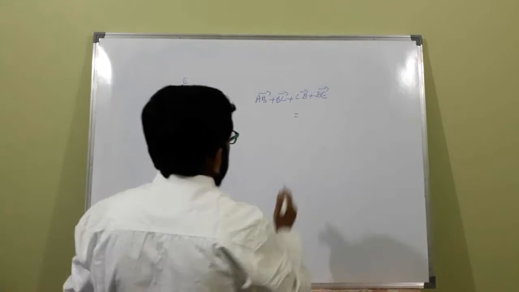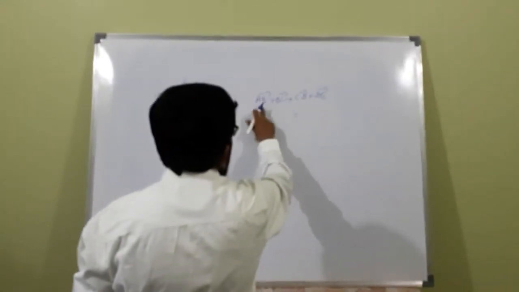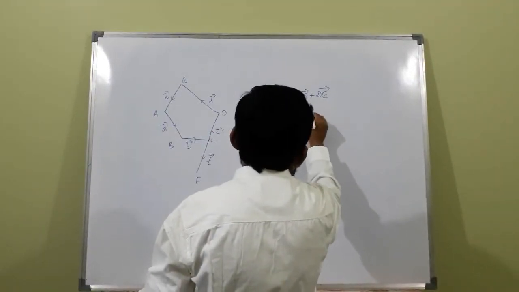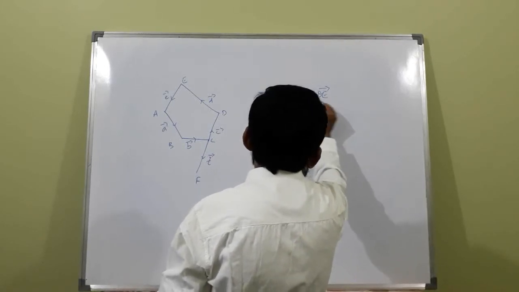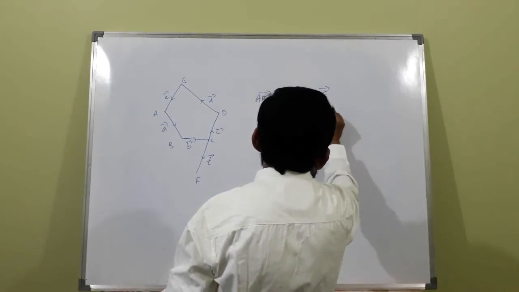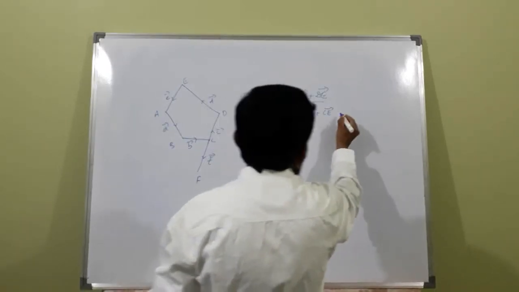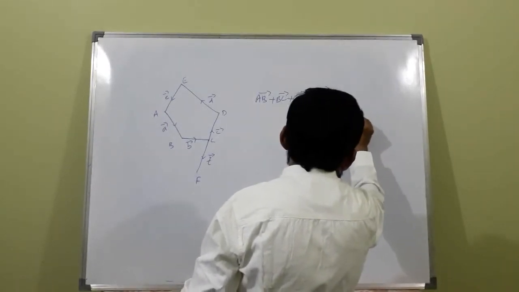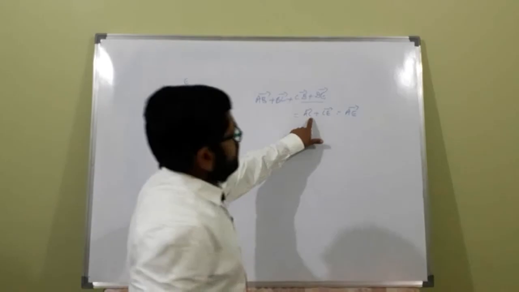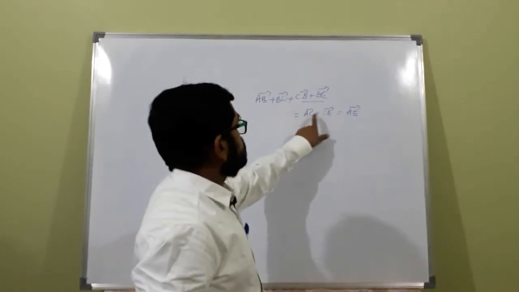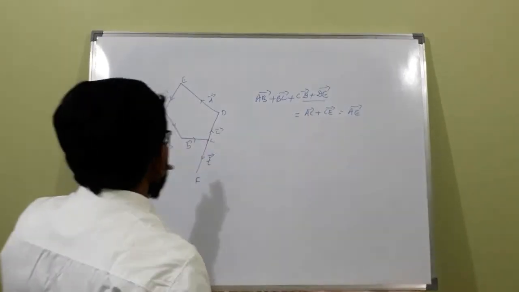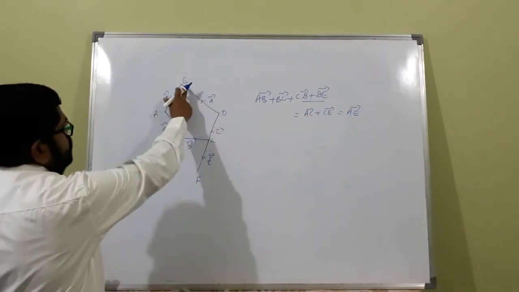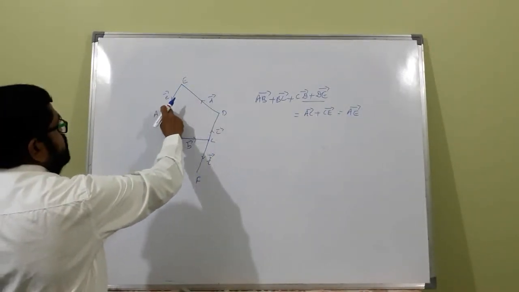This is equal to AB plus BC, that is AC, plus CD plus DE, this is nothing but CE. Now this is nothing but AE. According to this polygon, see this overlap and you will get AE. If you sum only these 4 sides, you will get AE.